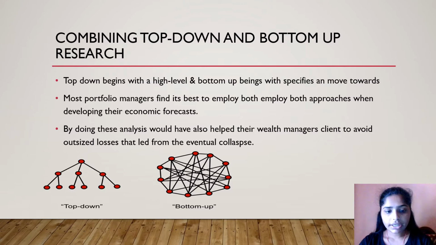As a general rule, the top down approach begins with the highest level, the global economy, and moves toward a narrower view of a specific asset class and industry, whereas the bottom up approach starts with the specifics and moves toward a more general view of the economy. Most portfolio managers find it best to employ both approaches when developing their economic forecast, because both are helpful in nature. That's why combining them is helpful for the organization.